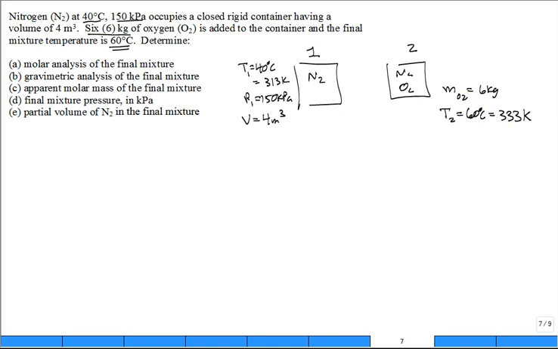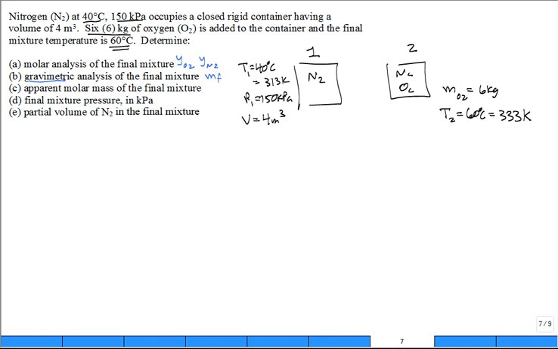Let's take a look at what they ask us to solve for. Molar analysis of the final mixture: they want y of O2 and y of N2. Gravimetric analysis of the final mixture. Here's that gravimetric, it's a mass analysis. They want the mass fractions, so I'm just going to put mf of O2 and mf of N2.